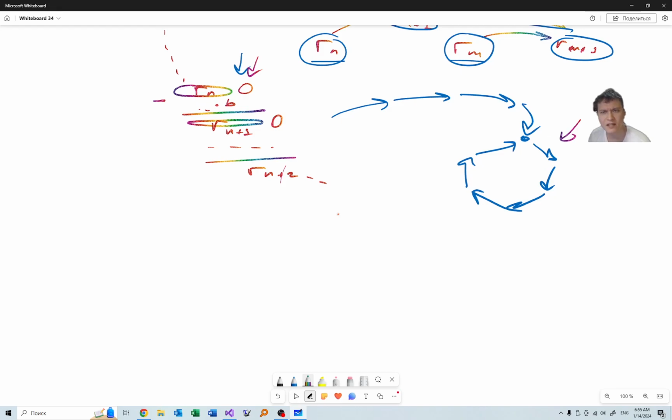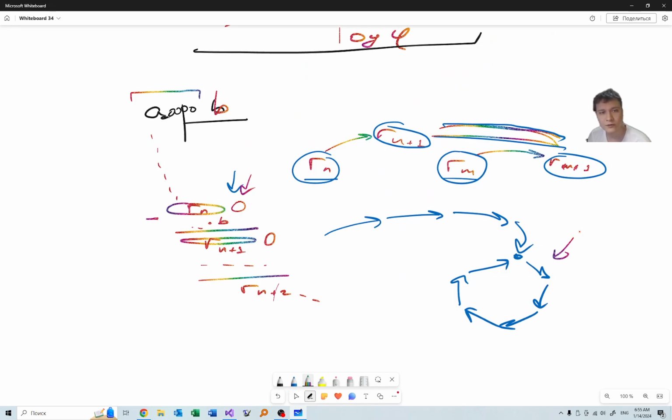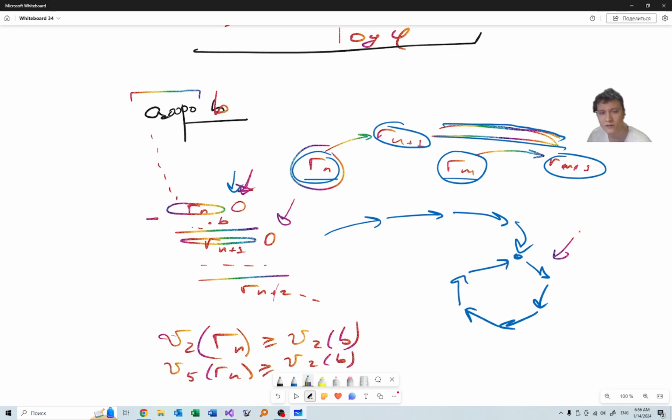Great. I mean, I think. Okay, not exactly, because this only works if Rn is divisible by all 5s and 2s in B. So first of all, you need the moment when you only have zeros here, and secondly, you need the moment when v2 of Rn is at least v2 of B, and v5 of Rn is at least v5 of B. When you have both of these, then you can definitely say that it is purely periodic.